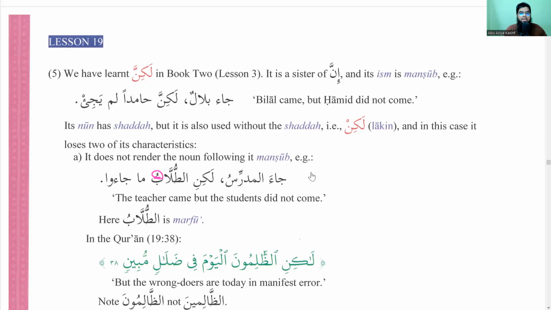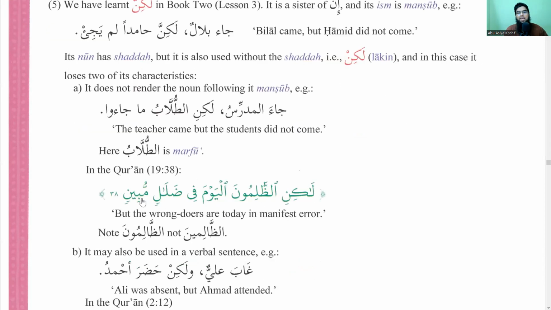In the Quran, Allah says, Lakin al-zalimuna al-yawma fi dalalim mubin. Literally, it was lakin with a sukoon, and then we give it a kasra because it has alif lam after it. Correct? This is just a temporary kasra. And then lakin al-zalimuna. So you didn't make it zalimina. Correct? Why? Because this is lakin, the lighter version.